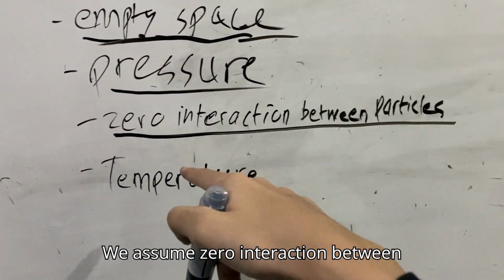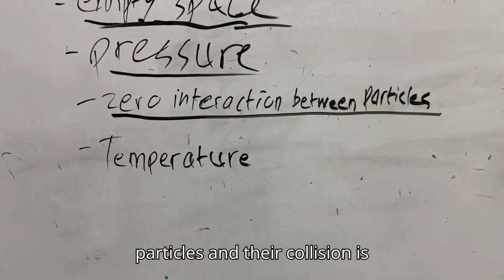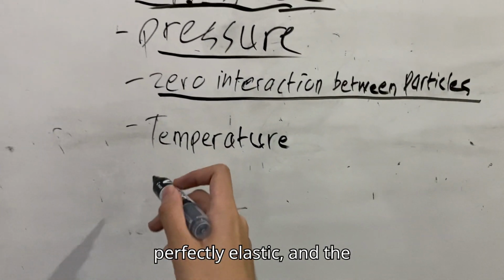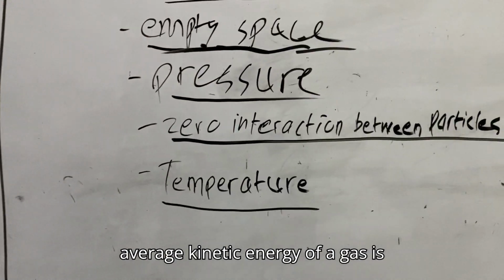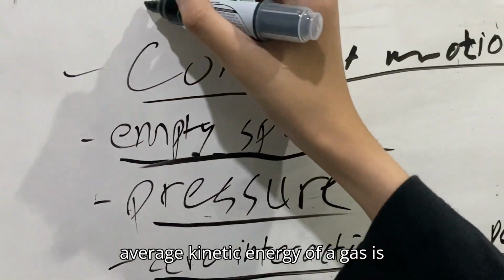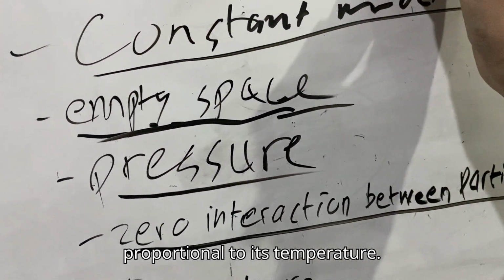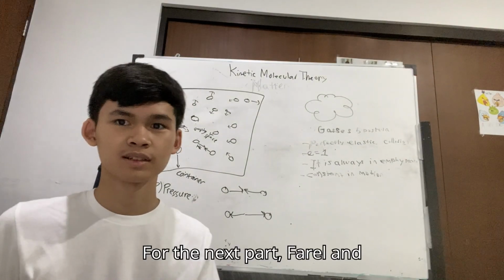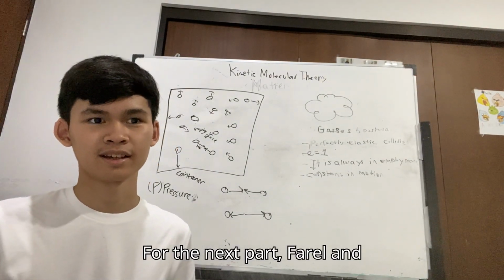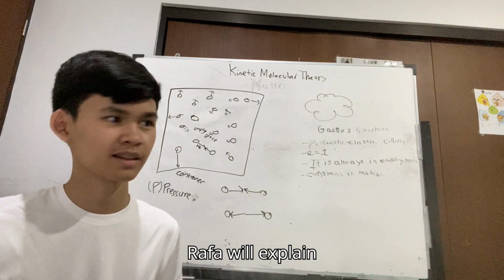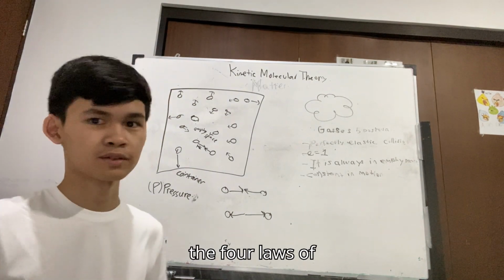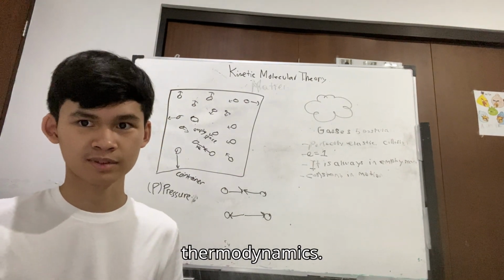We assume zero interaction between particles, and their collision is perfectly elastic, and the average kinetic energy of a gas is proportional to its temperature. For the next part, Farel and Rafa will explain the 4 laws of thermodynamics.